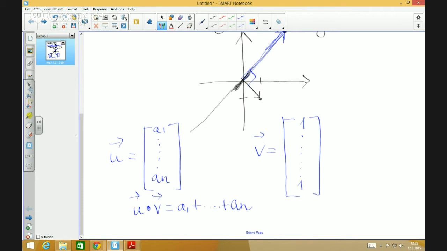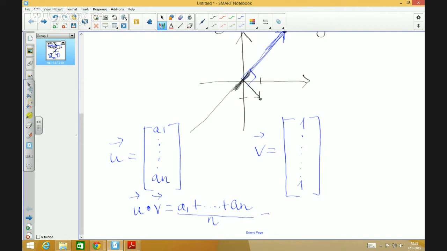Okay, but that's not the average. We're getting close, actually, because what would be the average of this thing? You have to divide by n. So instead of 1 here as the coordinates of v, what coordinates should I get?